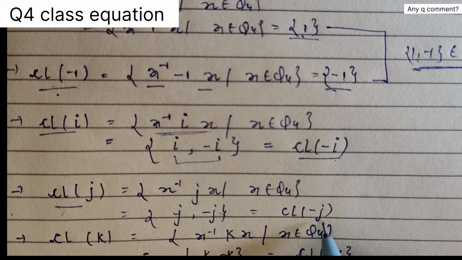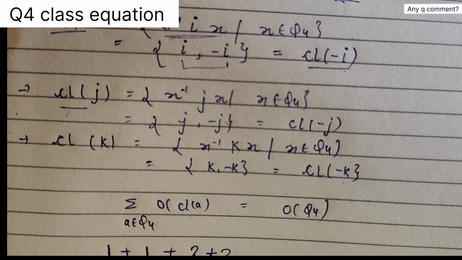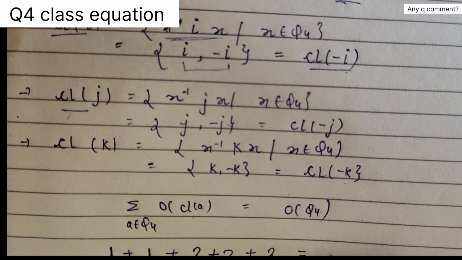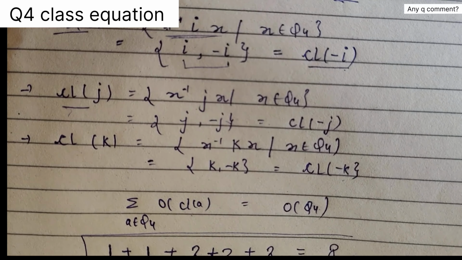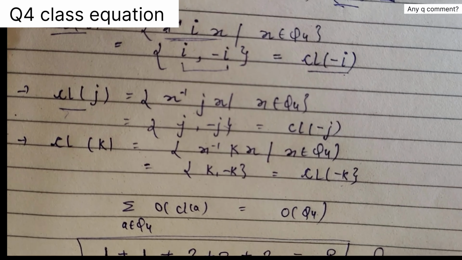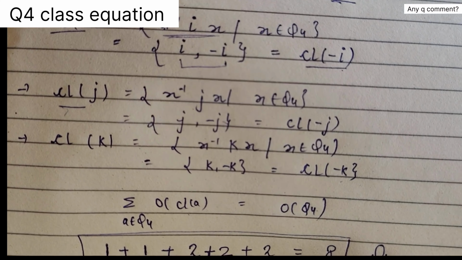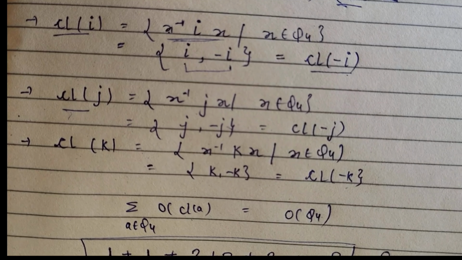Class of j and minus j is j and minus j, which is 2. Similarly for class of k and minus k, 2, and that equals the order of Q4, which is 8. So this is the class equation of Q4. Clearly 2 plus 2 plus 2 plus 1 plus 1 equals 8, so this is true. Okay, next we will find the conjugate classes of S3.